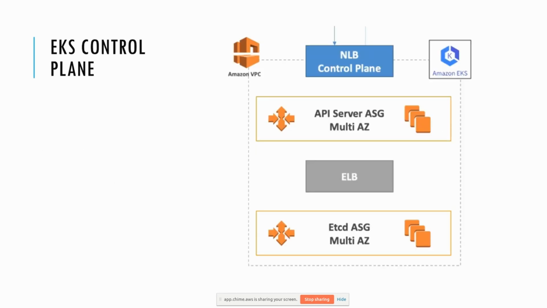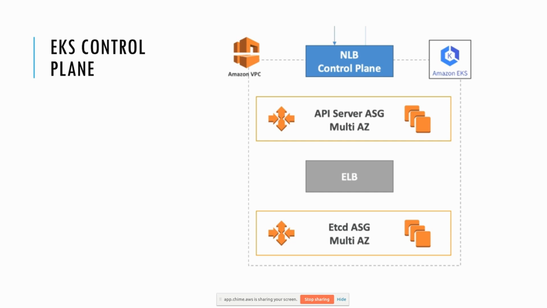Okay, so this is just another diagram of the control plane. Like I mentioned, your control plane is completely managed by the AWS team. You have no visibility of it. When you do create your EKS cluster, you will have visibility of the worker nodes that live within a particular VPC.